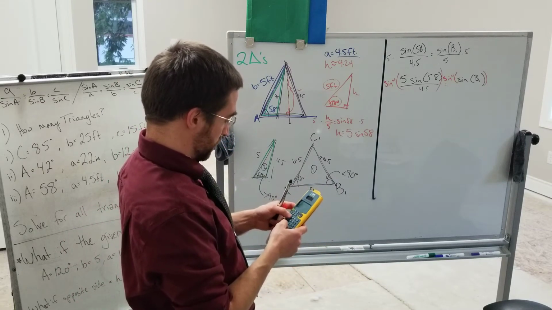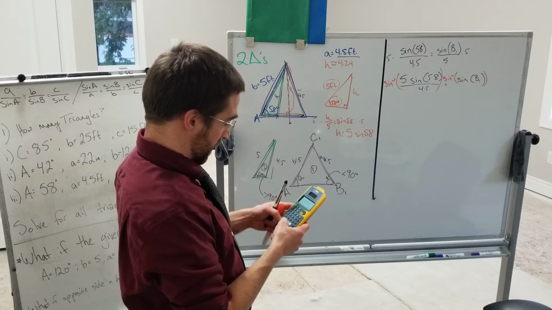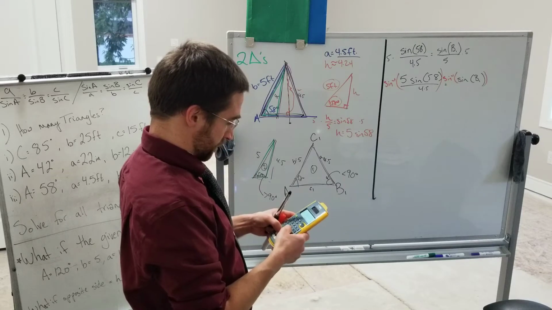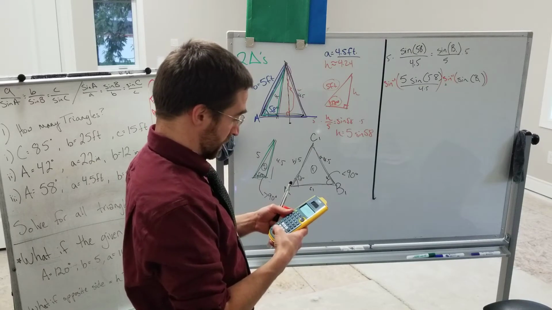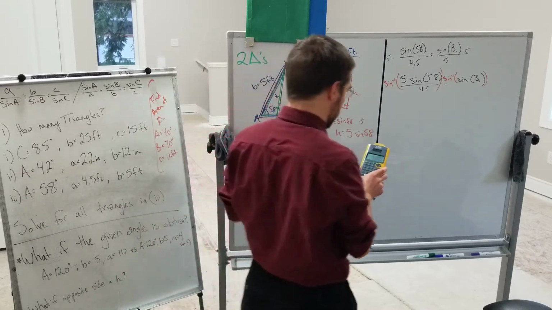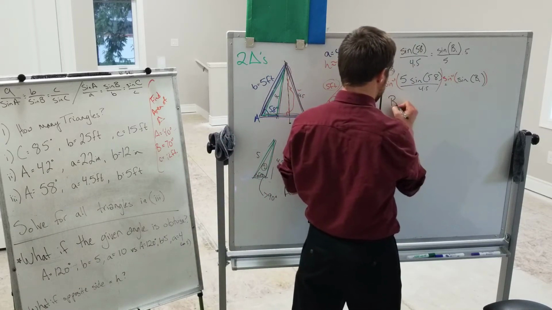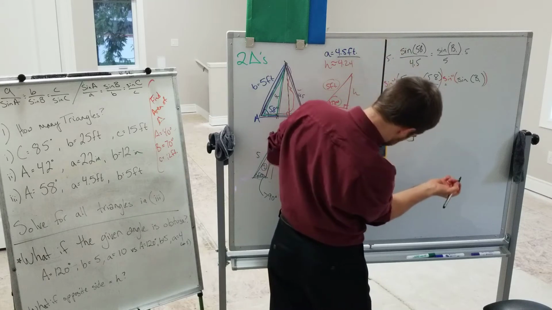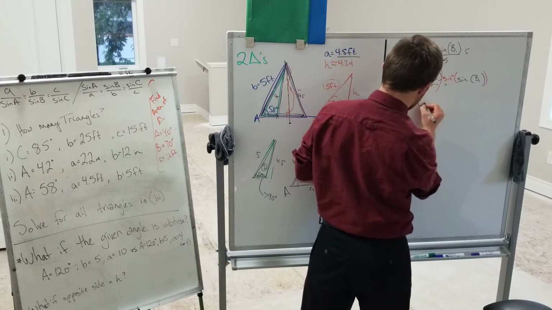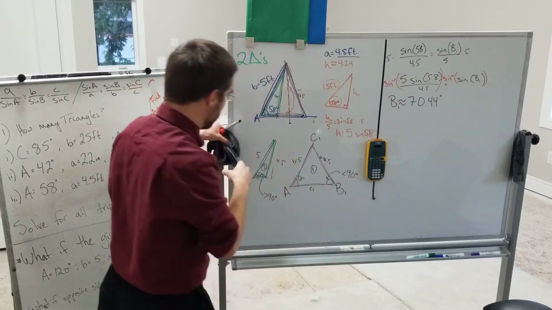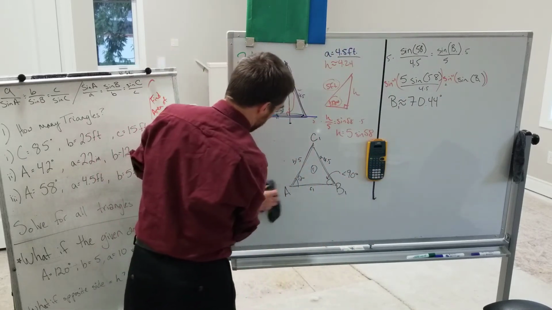There we go. 5 sine 58 over 4.5. And that gives us 70.44, about. So here we get B sub 1 is about 70.44 degrees.